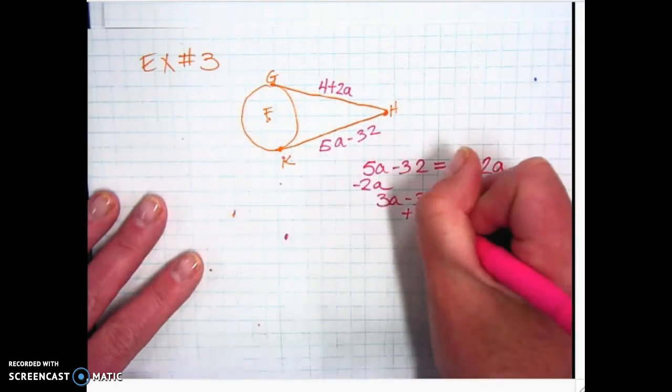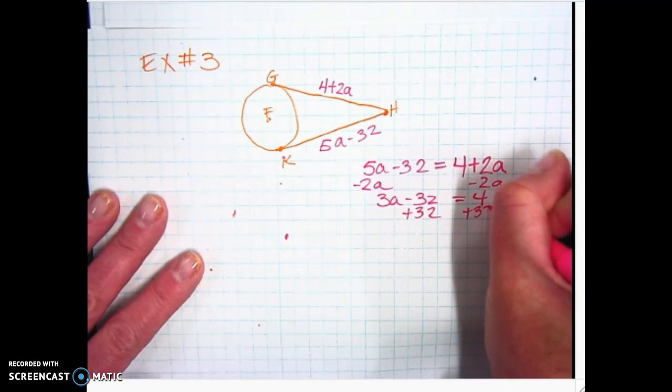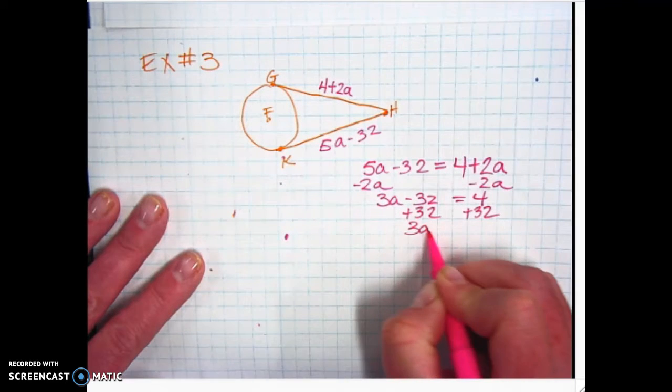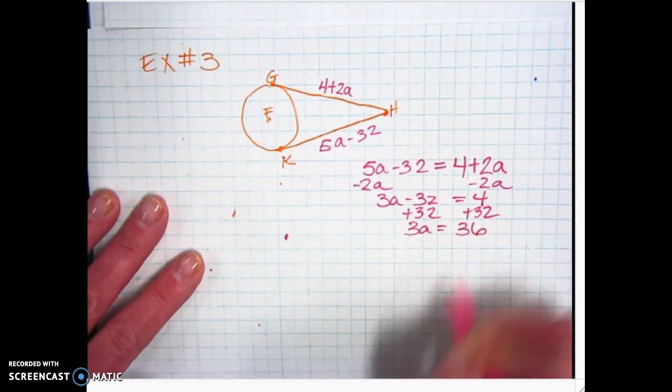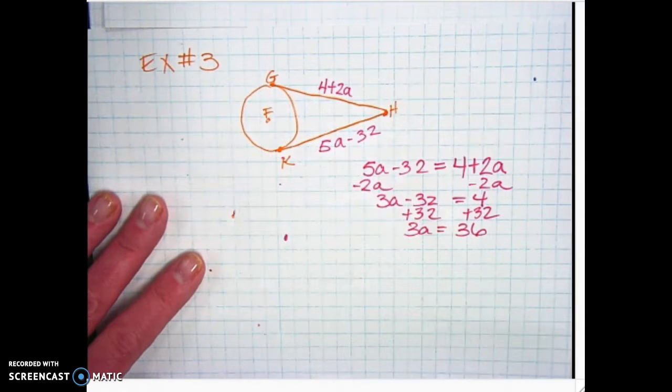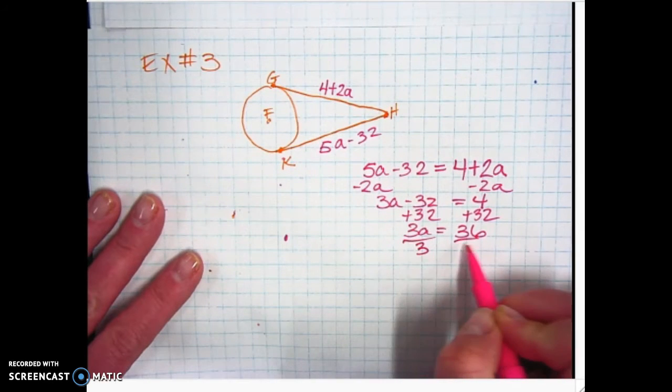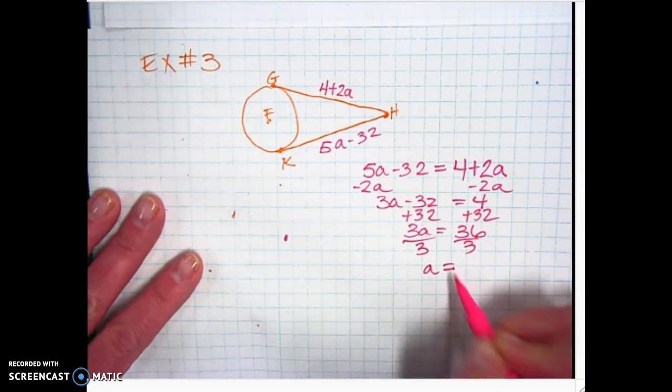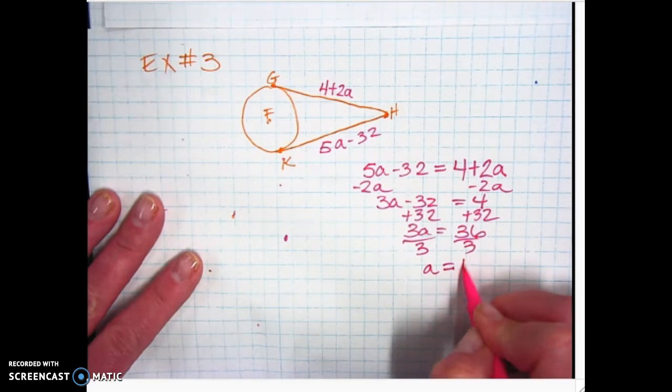Adding 32. So we have 3A equals 36. And then since the A is being multiplied by 3, the inverse operation is to divide by 3. So we divide both sides by 3. So our A is equal to 12.